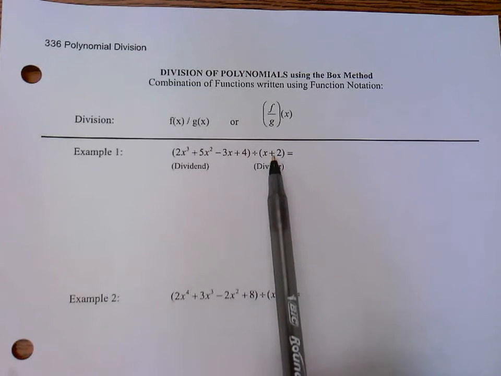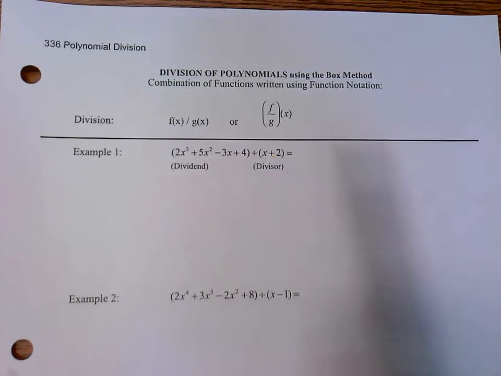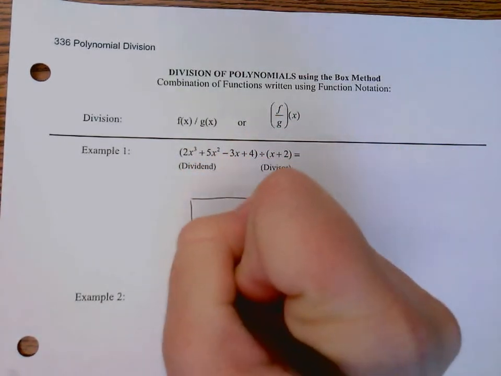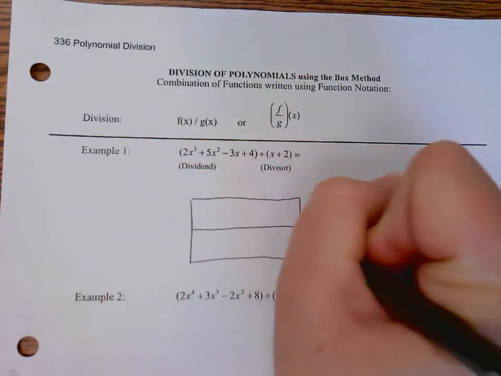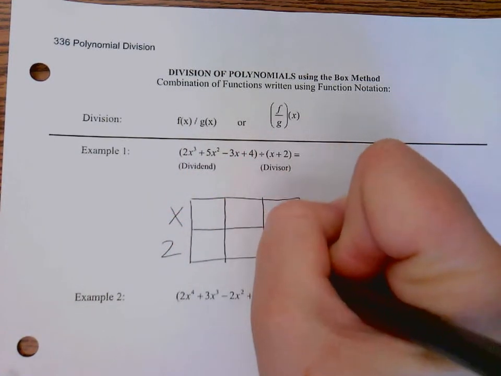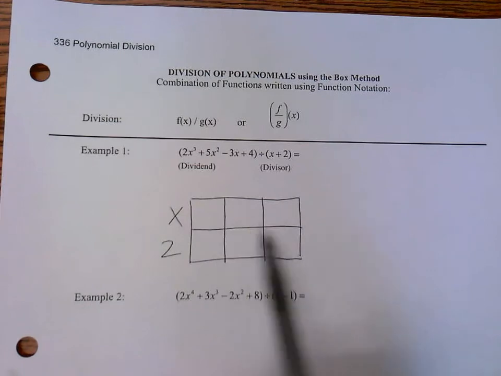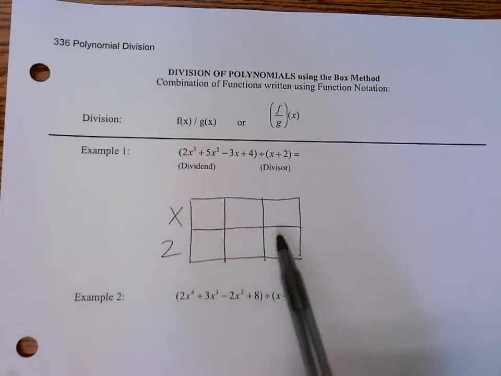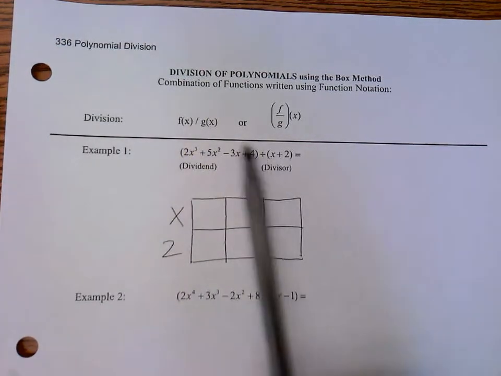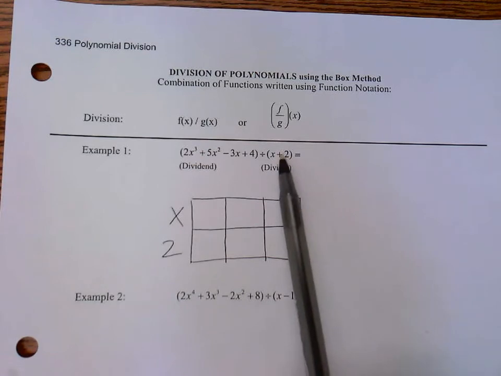So the way you set up division using the box method is you make a box that has the height of your divisor. So this is like x plus 2. And then I might need another box. I forget how many boxes I'm going to need, but I can always add a box on the end if I need another box. So I'm taking this big term and dividing by x plus 2.